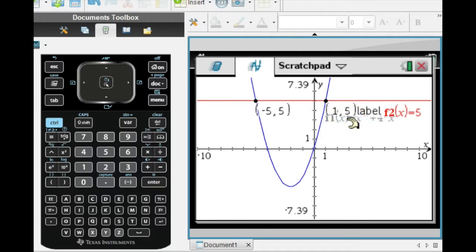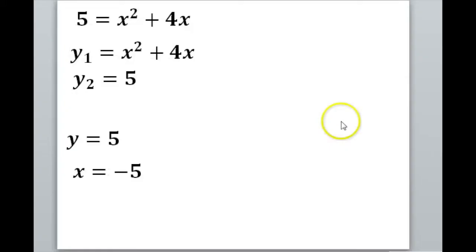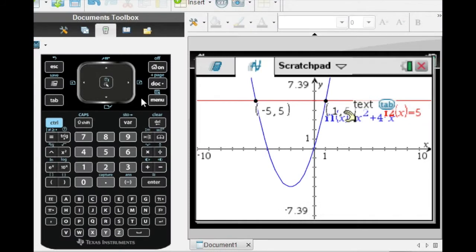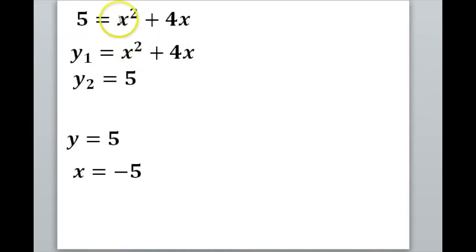Okay, so now I've done the hard work. If you'll notice here, the y values on both of these are 5. Well, we knew that because that was our second equation that we entered in. Our second equation was y equals 5. Now, when we're trying to solve this equation here, we're trying to solve it for x. What does x equal?